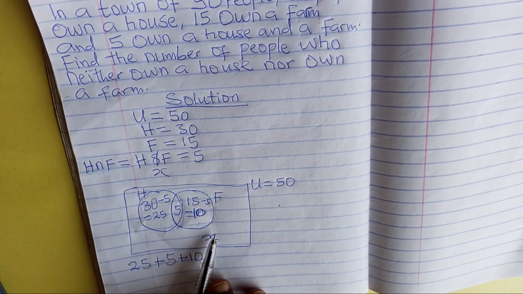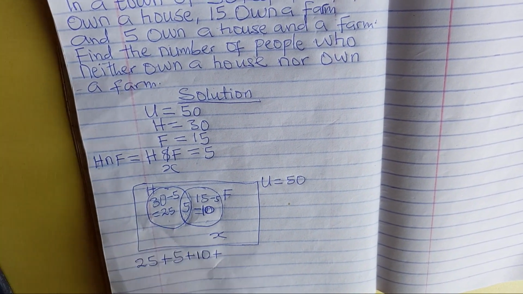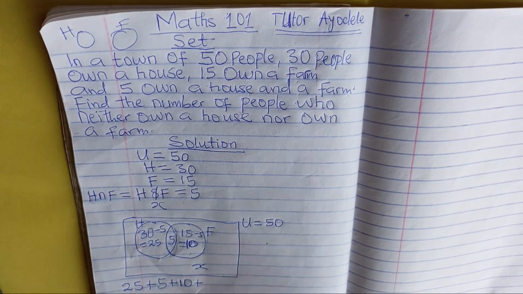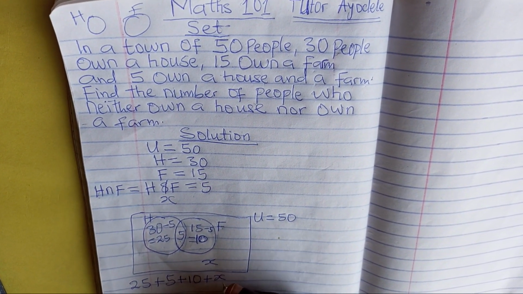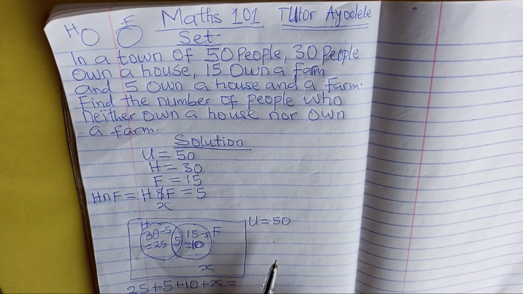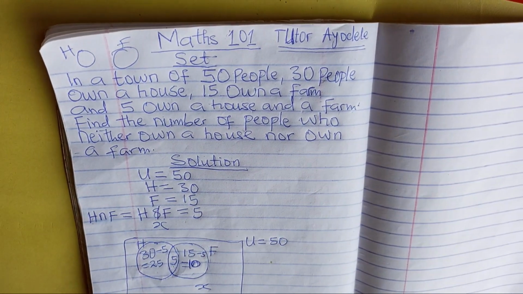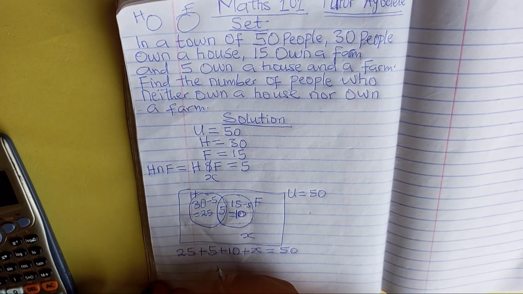Plus the number of people that do not own a farm and do not own a house, because they are also among those people in the town. Normally, if you look at the town, not everybody has a house and not everybody has a farm. So we represented them as X. We now say that everything here is equal to the universe, which is 50. Let's add this and this together. This gives us 30. 30 plus 10 gives us 40.